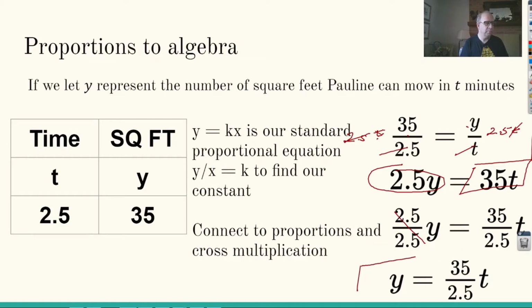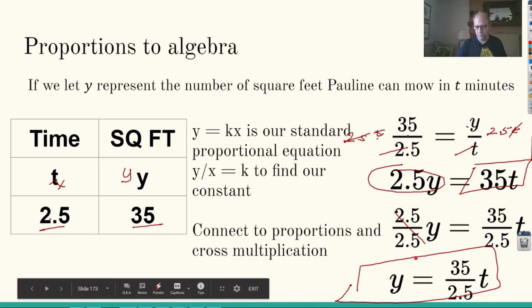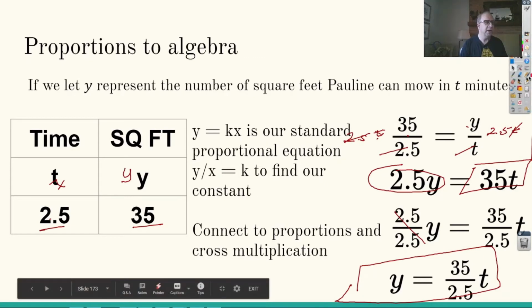I don't even mess around. Any time I see this and you're doing a constant speed, x and y, then my constant is y divided by x, just like any other proportion. And until I actually need that, I don't even need to divide that. But if I want to, I can put 35 divided by 2.5 in my calculator, and I get a constant rate of 14.